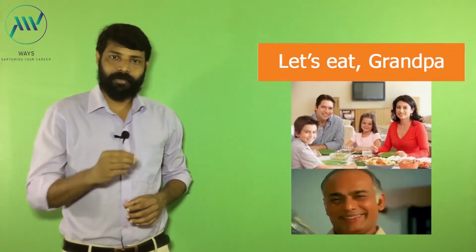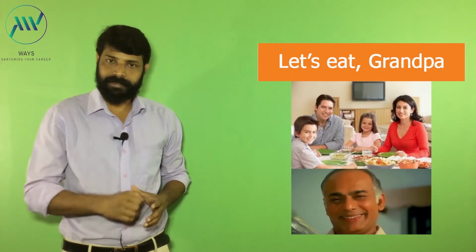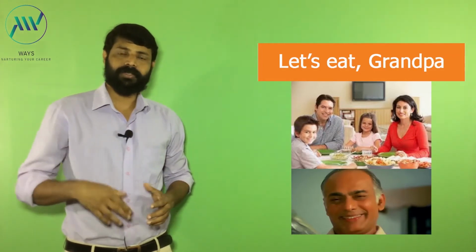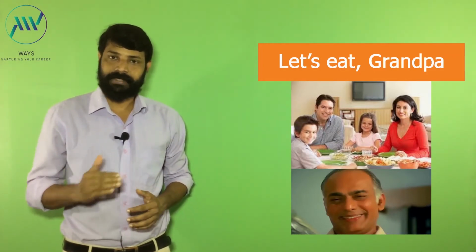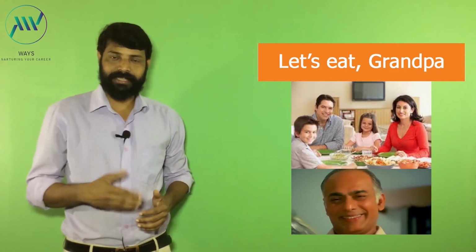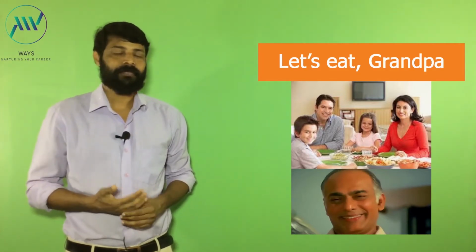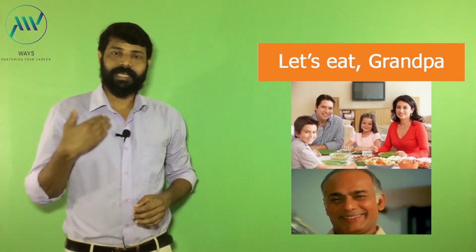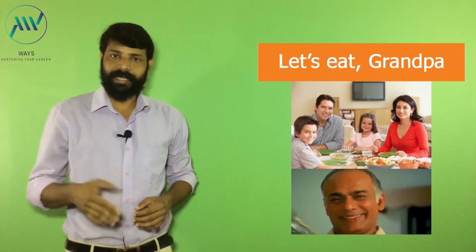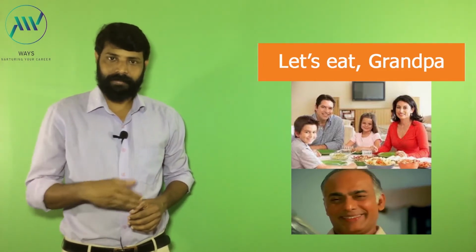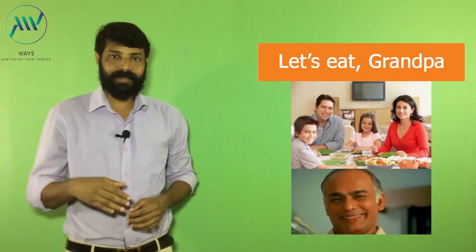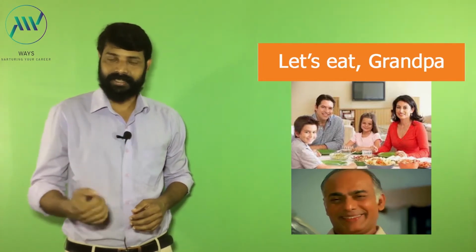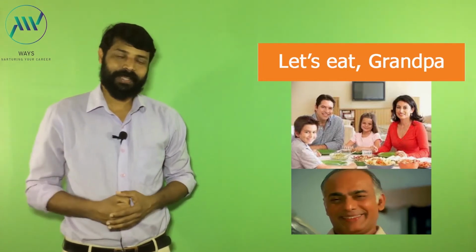But in the second example, when we put a comma to separate grandpa from the rest of the sentence, then the total meaning of the sentence has changed. See, when we say let's eat, comma, grandpa, it says that we are directly talking to grandpa. We are inviting our grandpa: grandpa, please come, our food is ready, we can eat. We are conveying a message like this. So our grandpa is smiling.